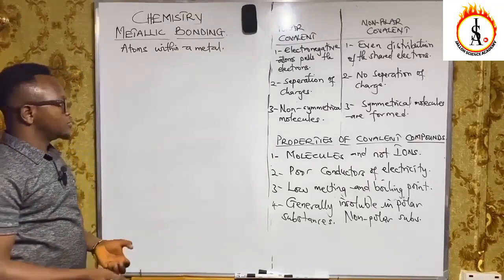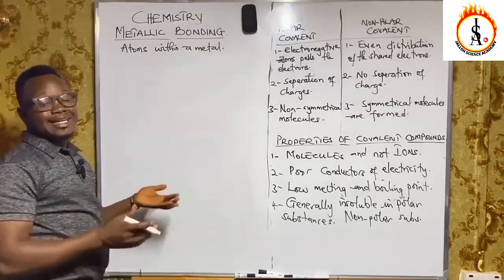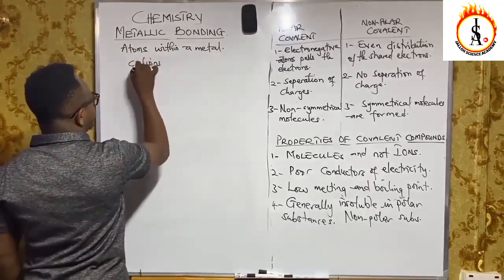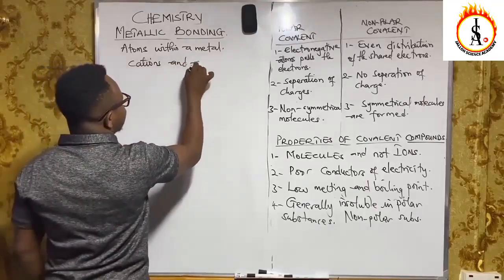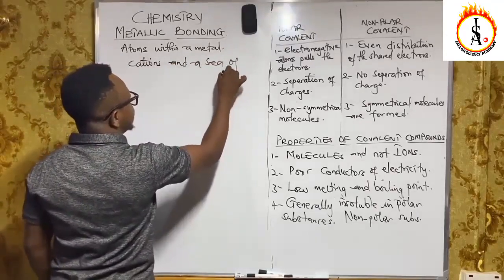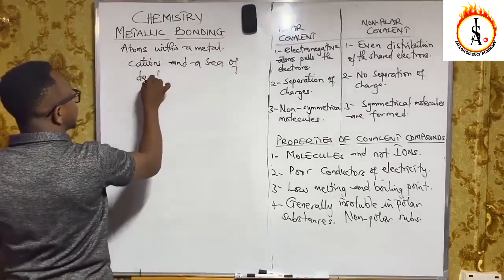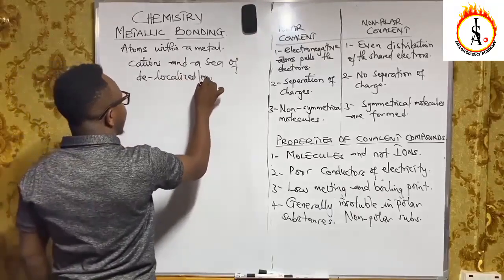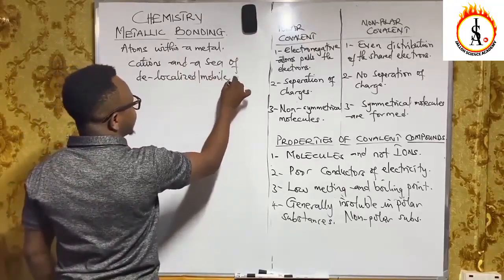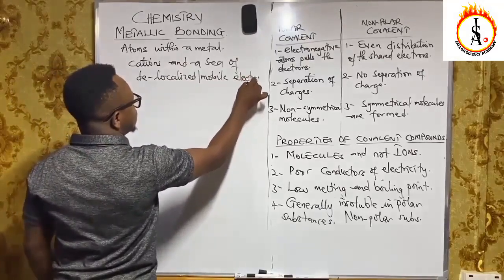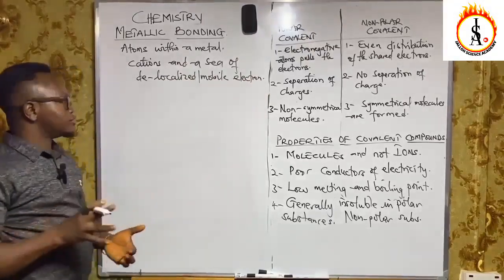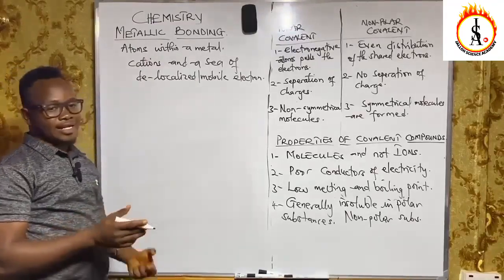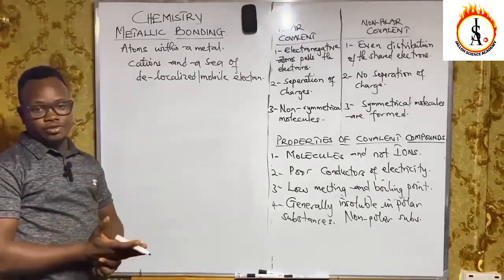It involves the attraction between the cations and a sea of delocalized, or we say mobile electrons. So it is the attraction between cations and the sea of delocalized or mobile electrons.